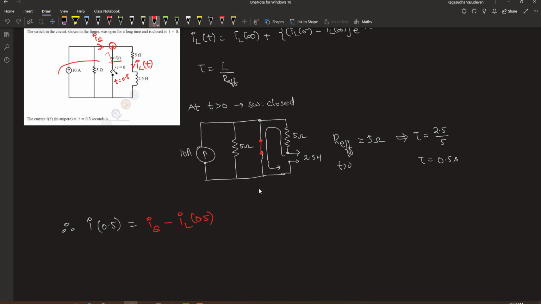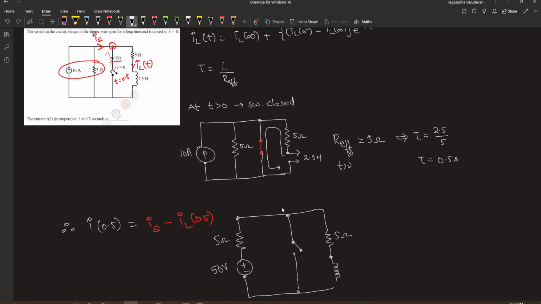Let us do source transformation to convert it into a single loop of a voltage source and a resistor. So we will have a 5 ohm resistor in series with a 10 into 5, 50 volt voltage source, which is connected across this switch. And we have this 2.5 Henry inductor over here.